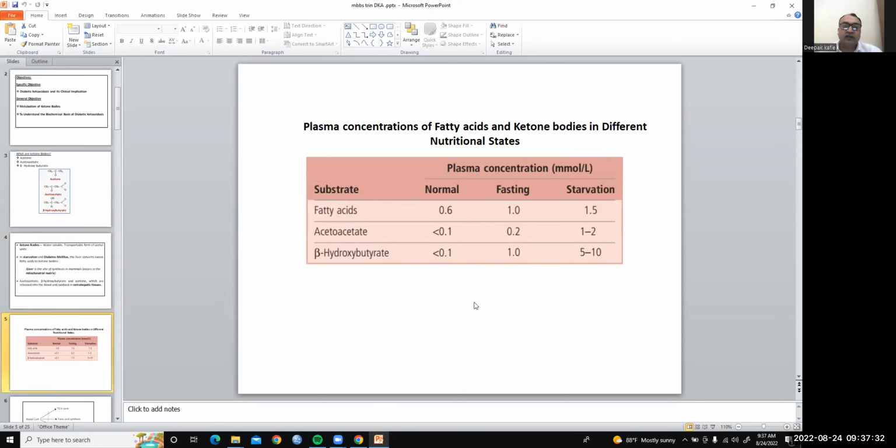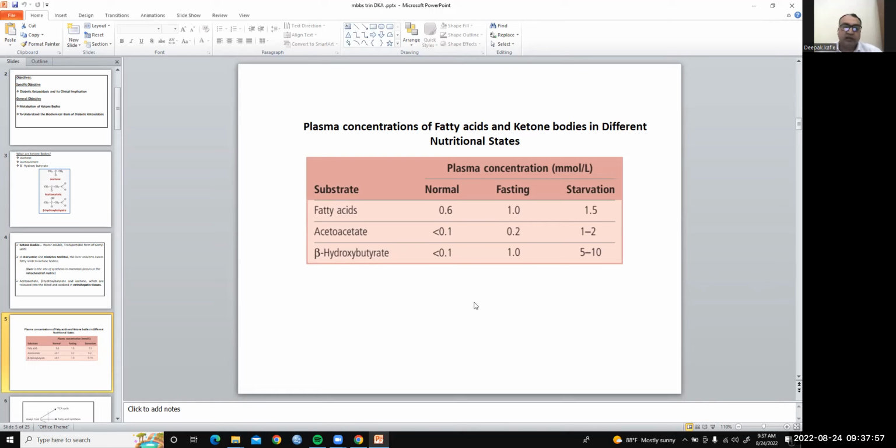If we see the general plasma concentrations of fatty acids and ketone bodies in different nutritional states, the acetoacetate in normal plasma concentration is less than 0.1 millimole per liter. Similarly, in fasting condition, it is 0.2 millimole per liter, whereas in case of starvation, it is 1 to 2 millimole per liter.